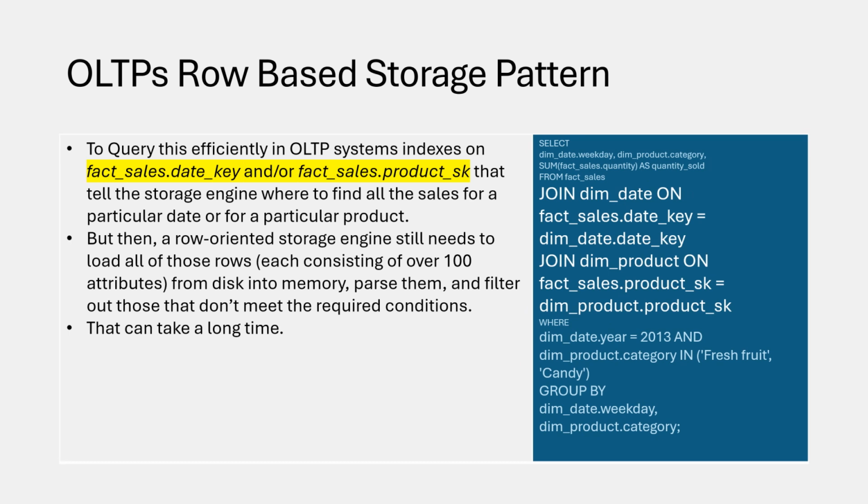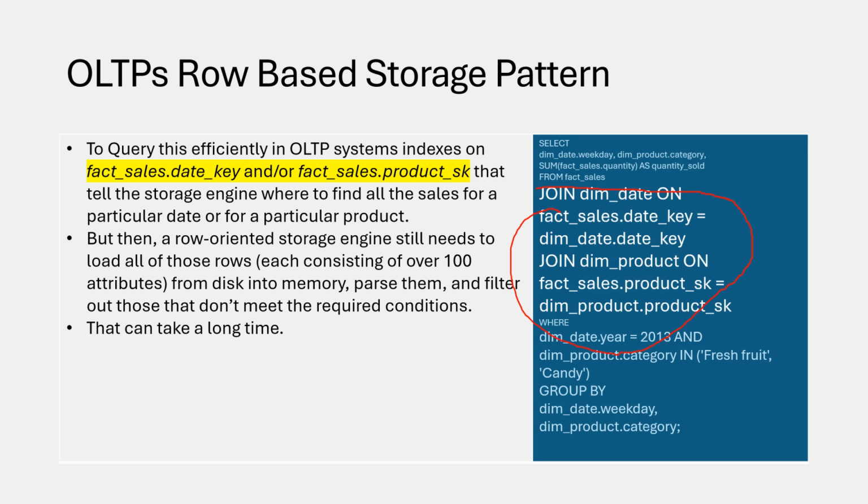What is row storage now? I'll tell you by the example of this query. In this query, there is one major part which I've highlighted. The rest we all know what is happening. This join is on date key.